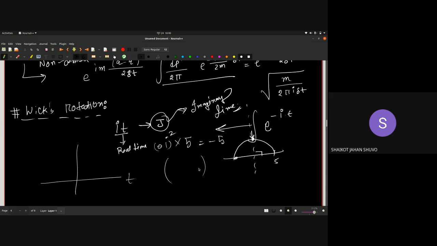If you have studied special relativity, you have seen that your metric is something like this. But if you consider a Wick rotation, you can get rid of this minus sign over here and make the metric completely Euclidean. So that's why some people call it Euclidean time as well.